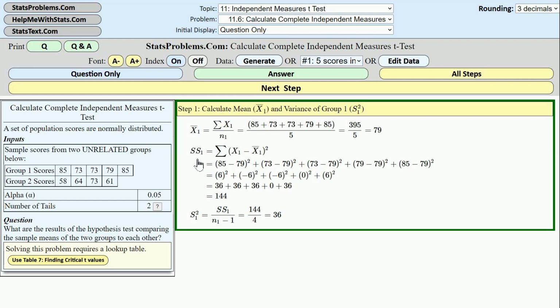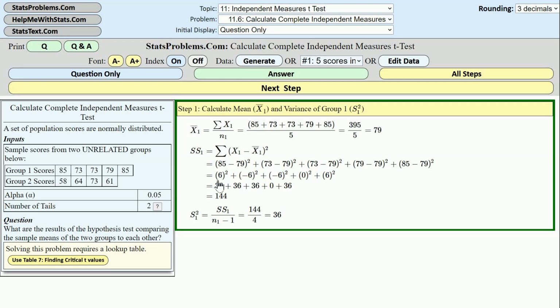The sum of squares, SS1, equals the sum of the squared deviations of each score x from the group mean, x bar 1. In this example, the sum of squares, SS1, equals 85 minus 79 squared plus 73 minus 79 squared plus 73 minus 79 squared plus 79 minus 79 squared plus 85 minus 79 squared.